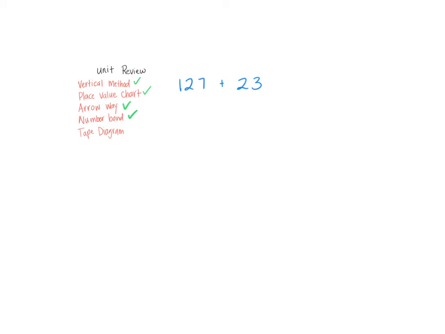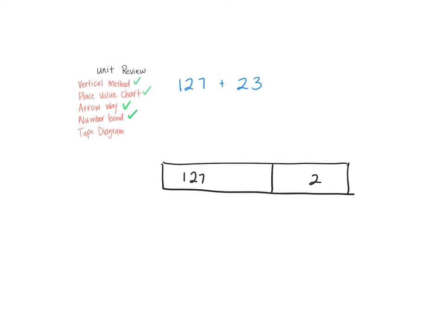And then the last one is the tape diagram, and I still really like using this one more for subtraction, but you could do it with addition. So let's say I had 127 on one side and 23 on another, and we want to add these two sides up. Well, one thing that you could do is you could move the 3 onto this side and take it away from this side.